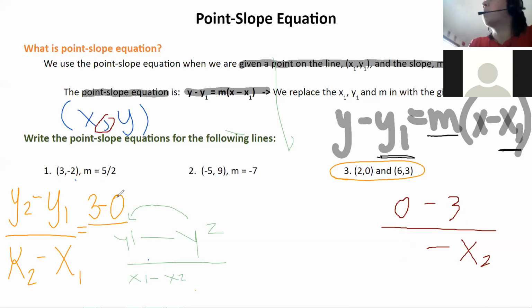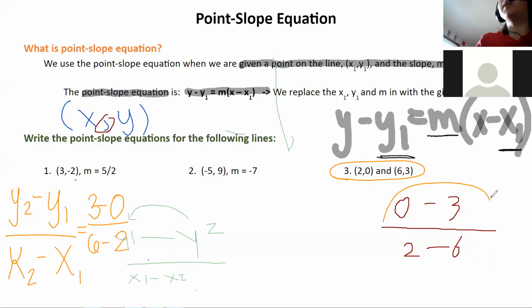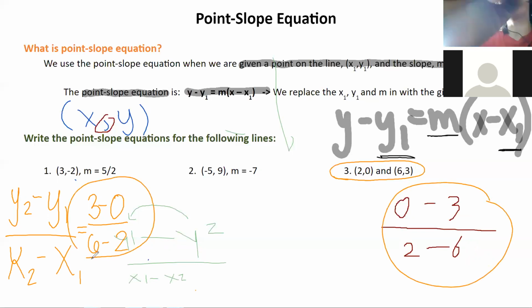Okay, and then Grant, what would you subtract on the bottom? Because it's 6 minus 2. Yeah, that's right. See how this one and this one are like completely flipped? That's fine, because watch this.